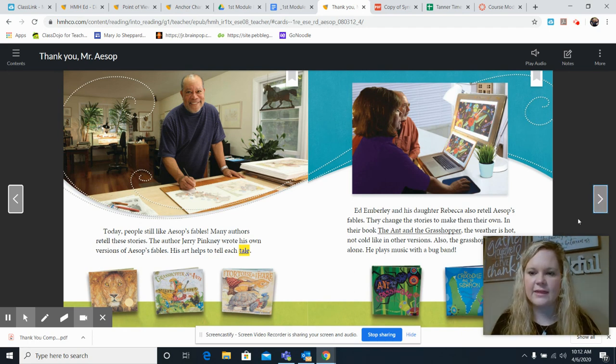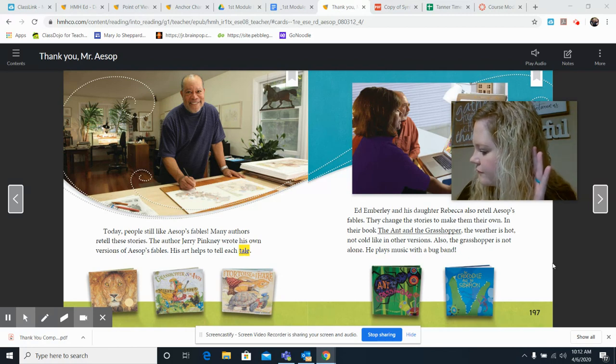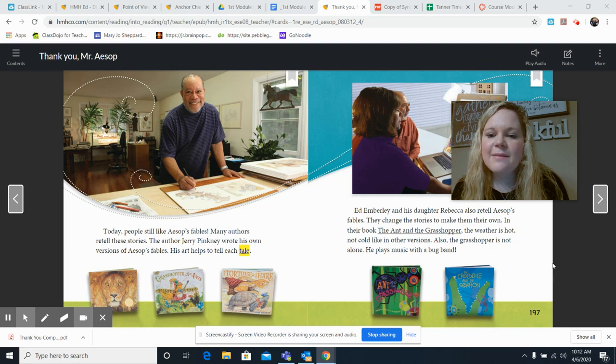Let me move this real quick so we can read that next sentence. Also, the grasshopper is not alone. He plays music with a bug band.